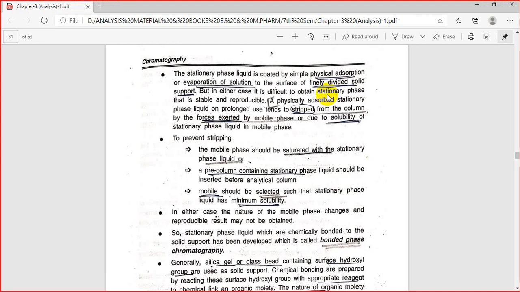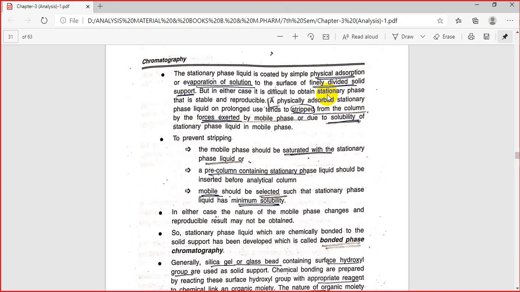It is adhered to the surface of the column, and it is stripped out when the mobile phase passes over the column and exerts forces, or because of the solubility of the stationary phase in the mobile phase.